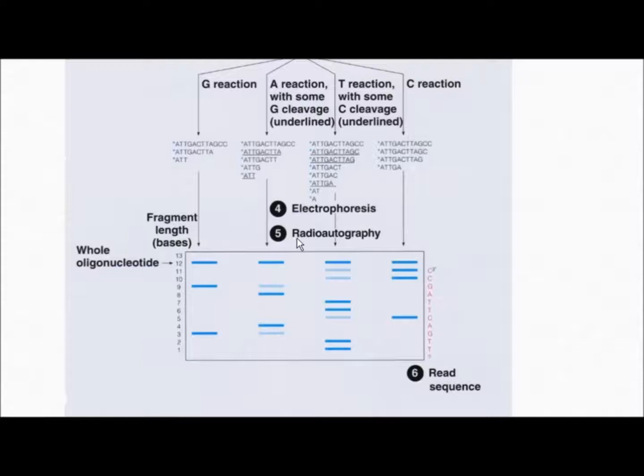Now, what's this fifth point, the radioautography? Because your primary fragment here is radioactively labeled, it gives you a radioactive signal.